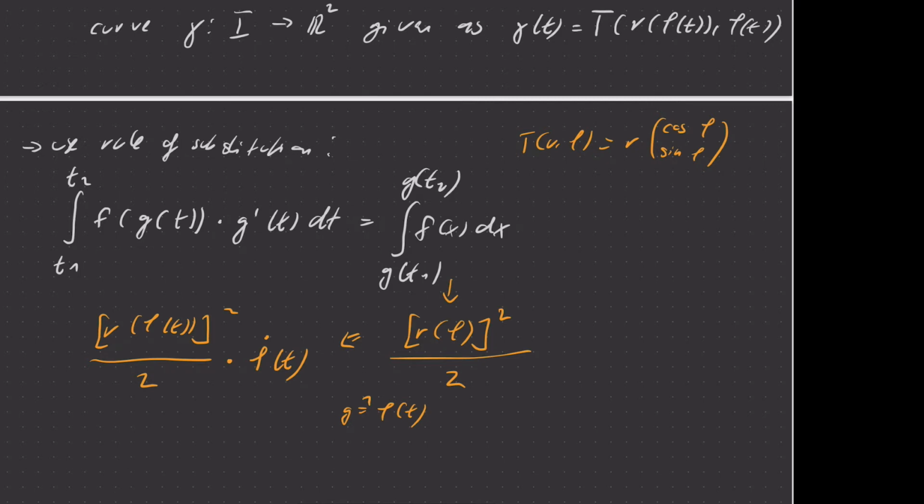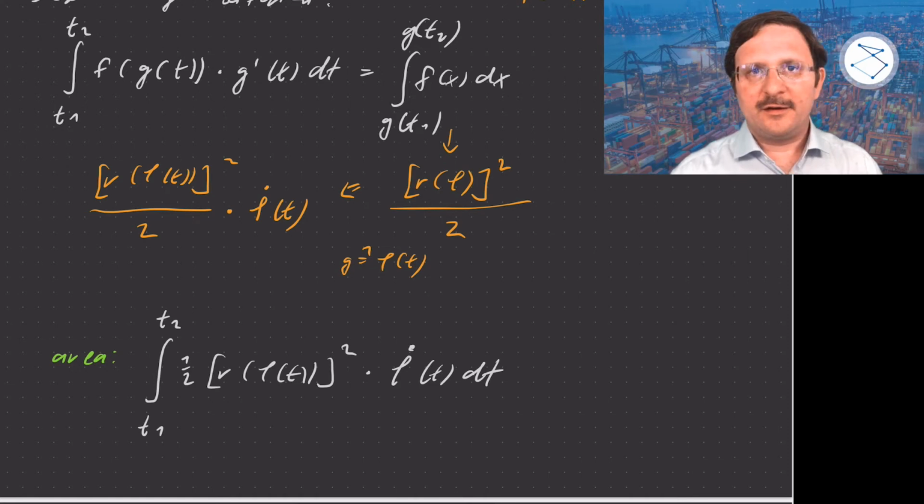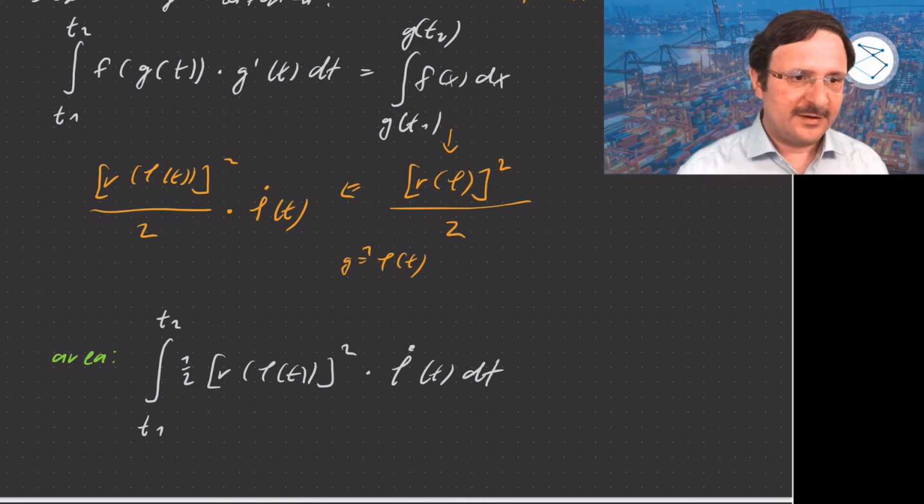And that means the area that we want can be computed as the integral from t1 to t2 over 1/2 r of phi of t squared times phi prime of t dt. That's the first step of the process.